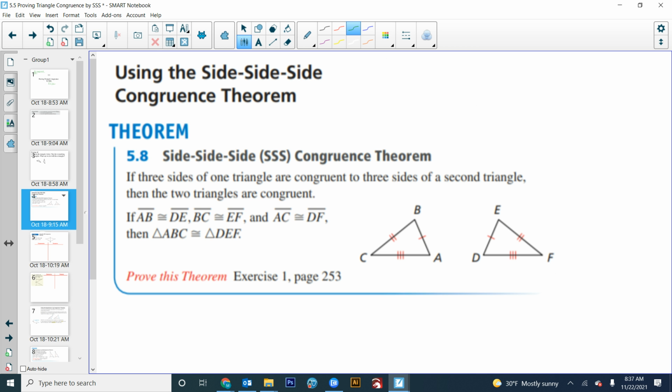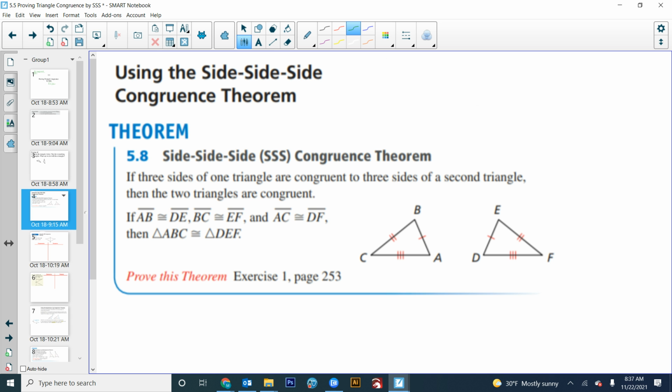Do we need to argue that, or is that pretty obvious to you? If I give you 3 different lengths of toothpicks or straws and say put these together, and I give someone else 3 lengths of straws and say put them together, there's no other way you can put these triangles together that they would be different, right? They have to be congruent. 3 sets of sides match up.